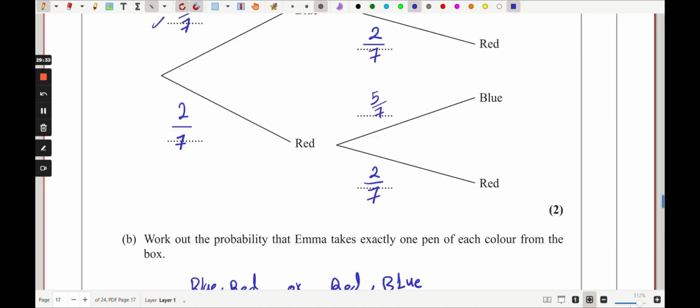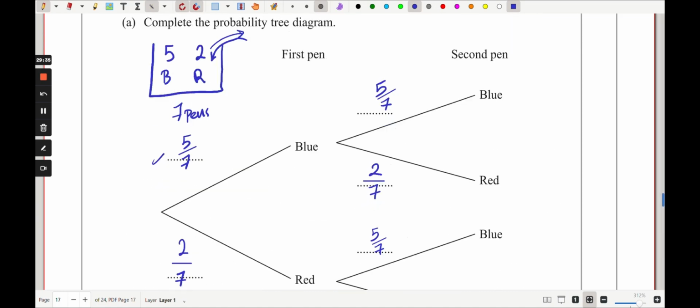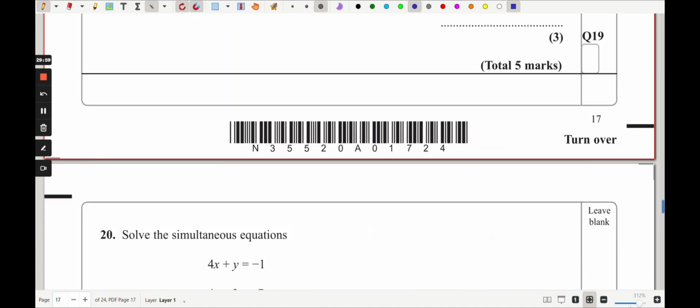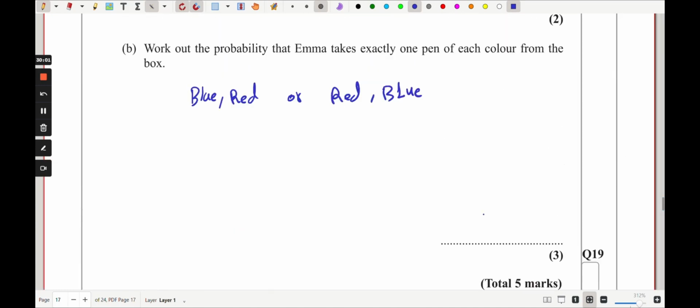So here we have a blue and red, so 5 over 7 times 2 over 7 will get 10 out of 49. If the first one is red, the second one is blue, also 10 out of 49. We'll add them together, you will get 20 out of 49.